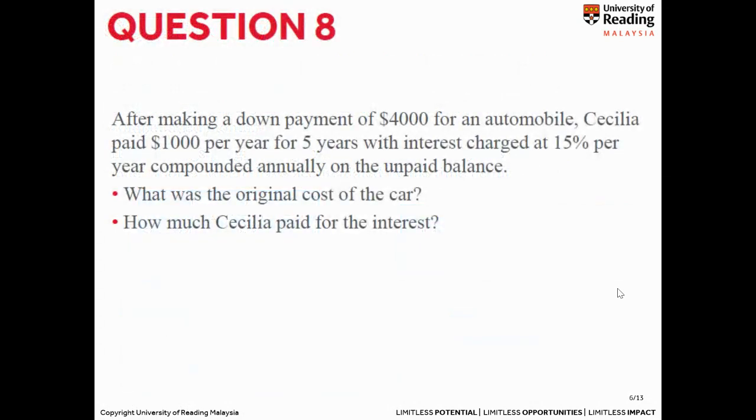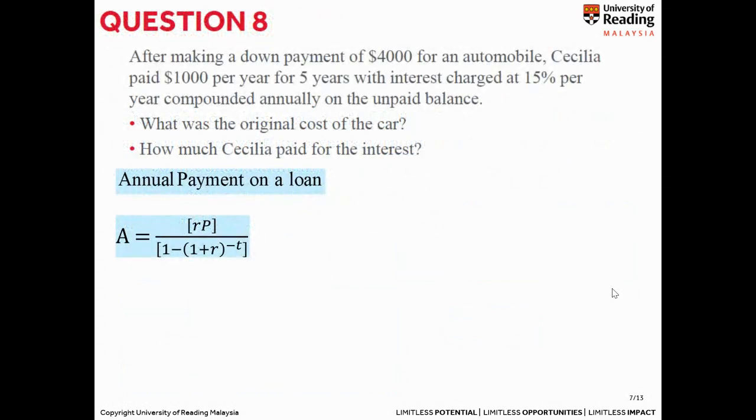As I mentioned in video 5, question 8 is an additional question which requires a new formula. You may choose not to answer this. This is just for your additional interest. This is the formula I've given to you in video 5. So you sub in this.